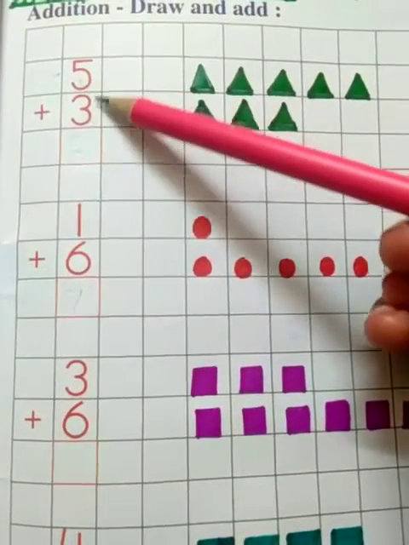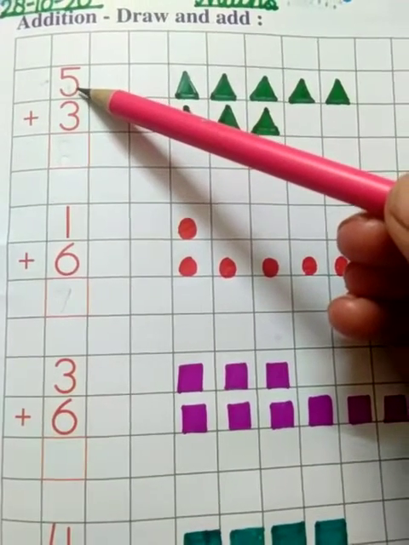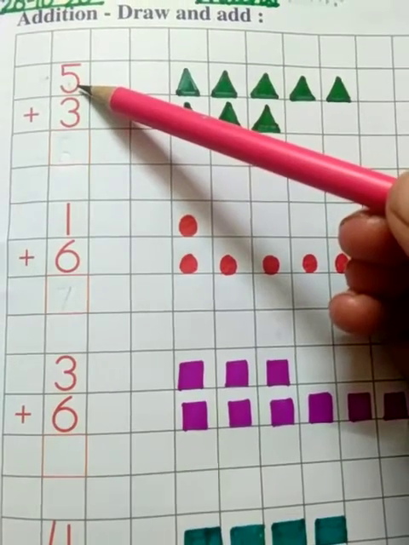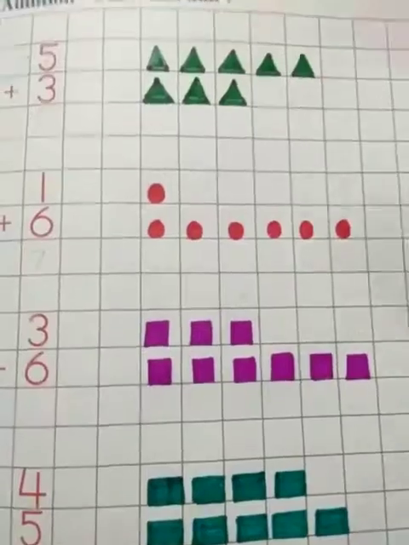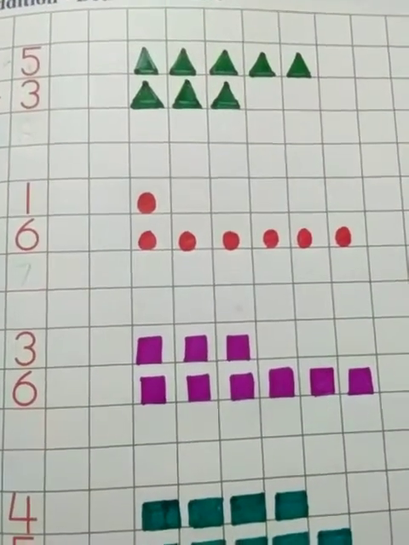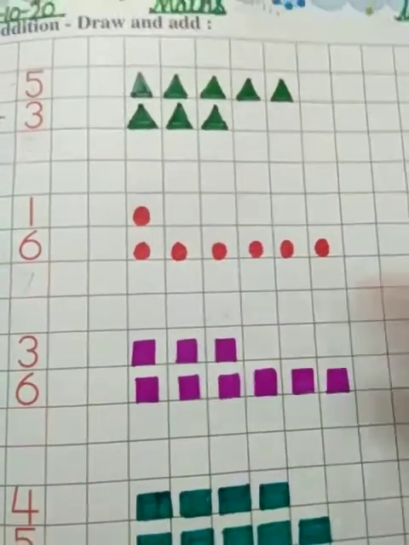First of all, you all will find out the bigger number, and you have to keep the bigger number in your mind, which is 5. And for the smaller number, you all will take out your fingers. Here is 3, so you all will take out 3 fingers.